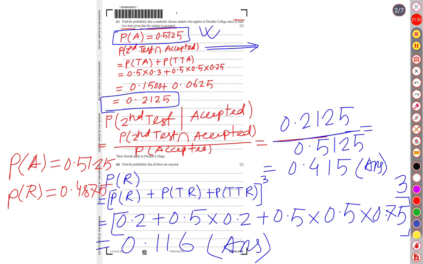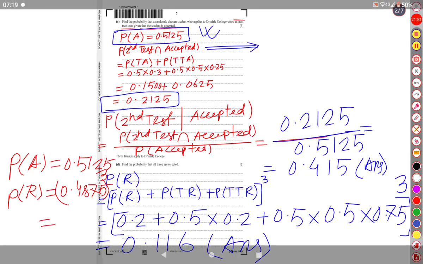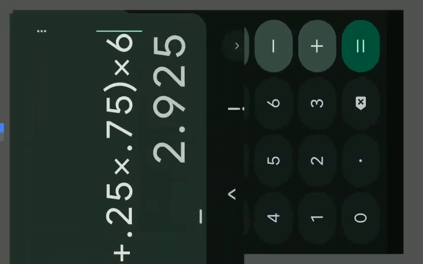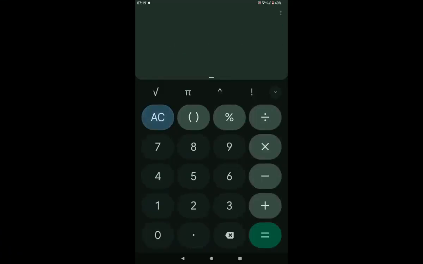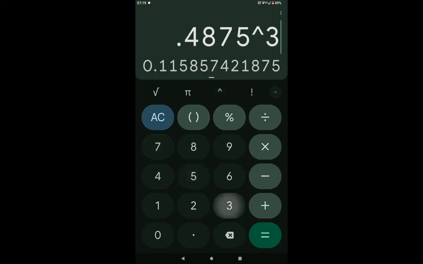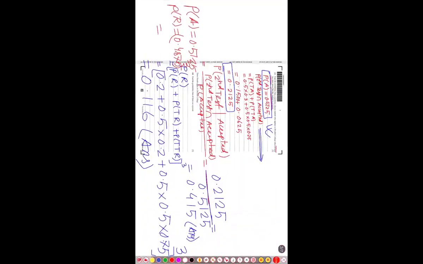But as there are three students, it will be just cube. If we use this cube, then it is going to be 0.4875 cubed, which is another shortcut way.